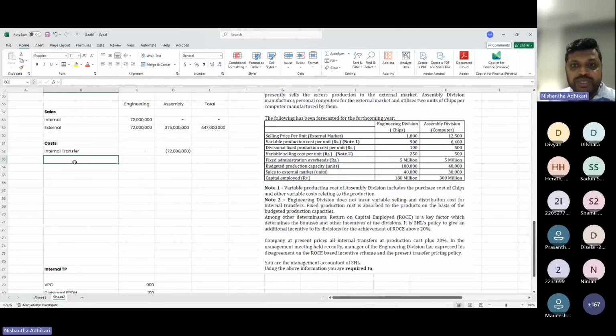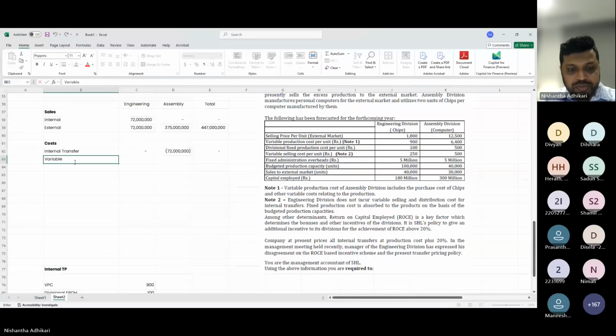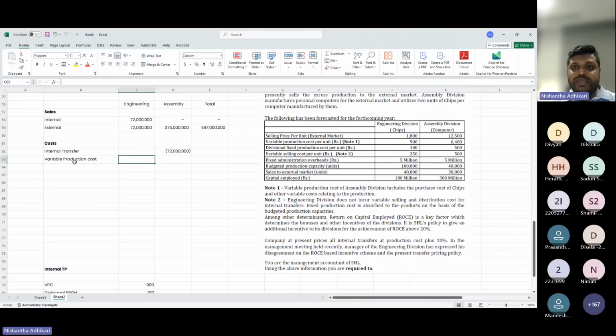Then external purchase, variable production cost, paid to external parties. You can see variable production cost per unit is 900 each. You are manufacturing 100,000 units at 900 each.